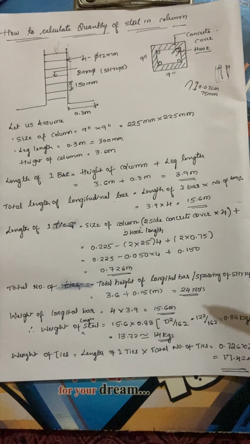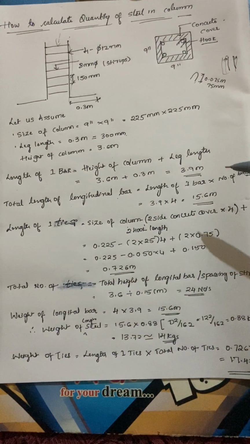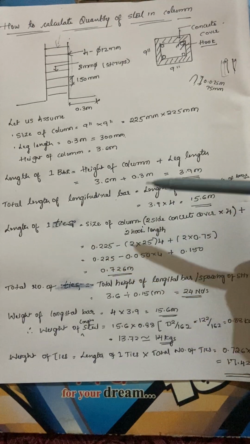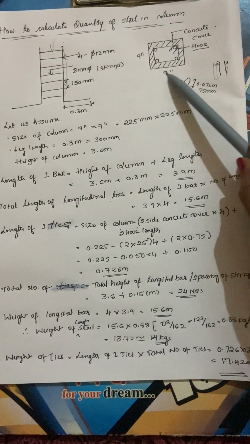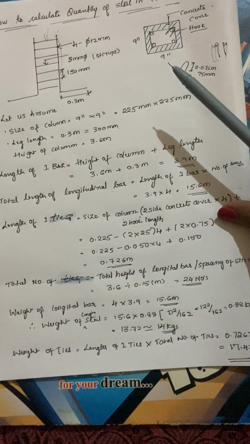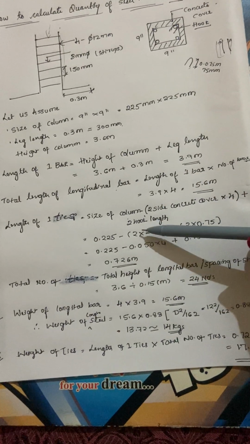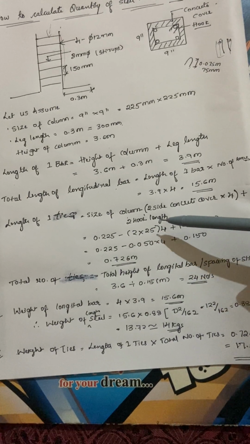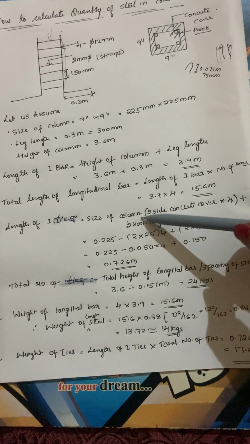Okay. So here the length of one tie is nothing but size of the column, which is 0.225. Understand, right? The size of the column is 225 mm, in meter we write 0.225, minus 2 into 25 mm concrete cover, into 4 sides, plus 2 into hook length.